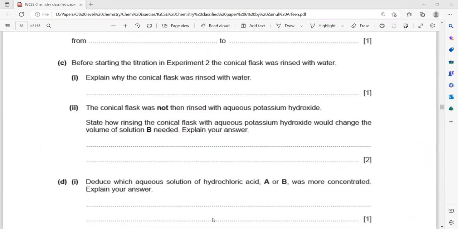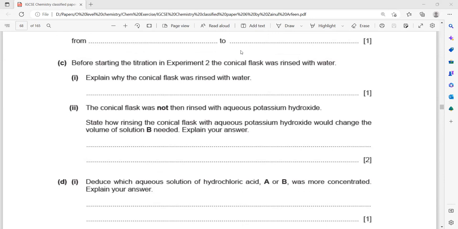Before starting the titration, in experiment 2, the conical flask was rinsed with water. Explain why the conical flask was rinsed with water. The reason is to remove traces of solution A. Mainly, when we rinse the conical flask with water, the purpose is to remove the substances from experiment 1.